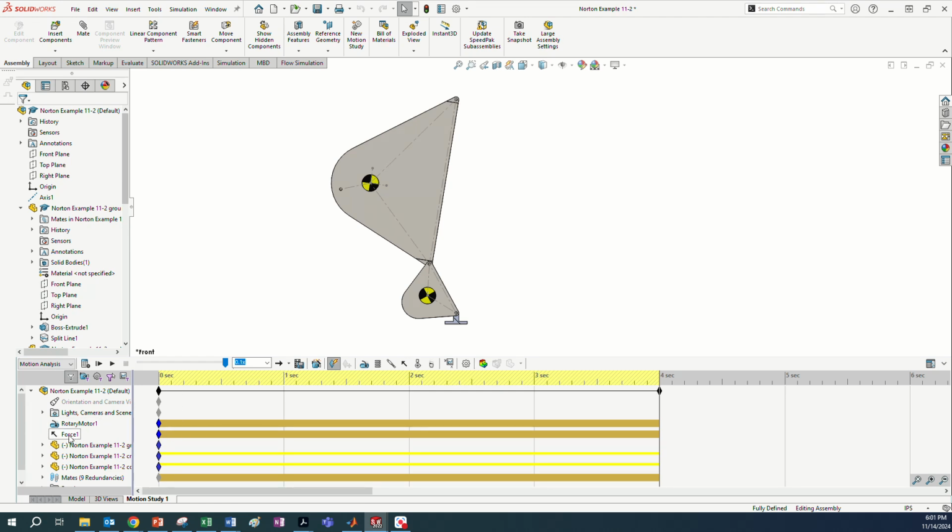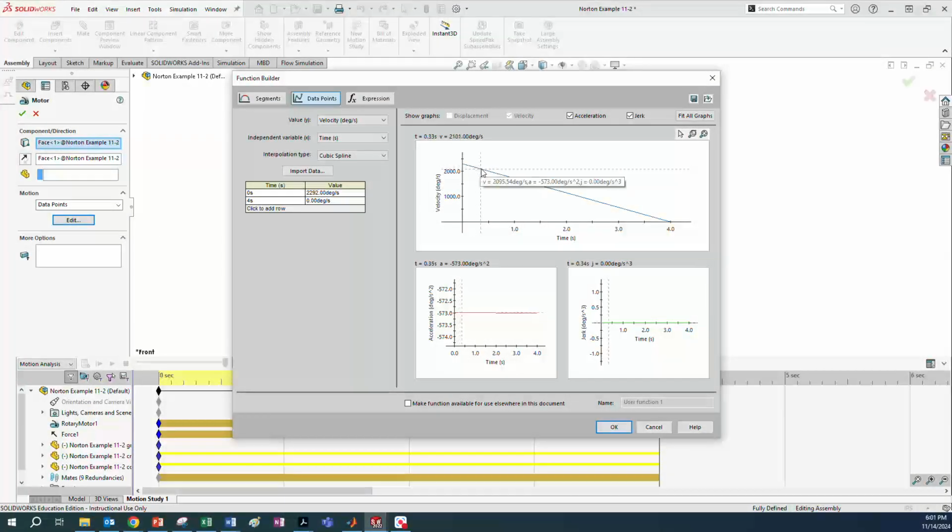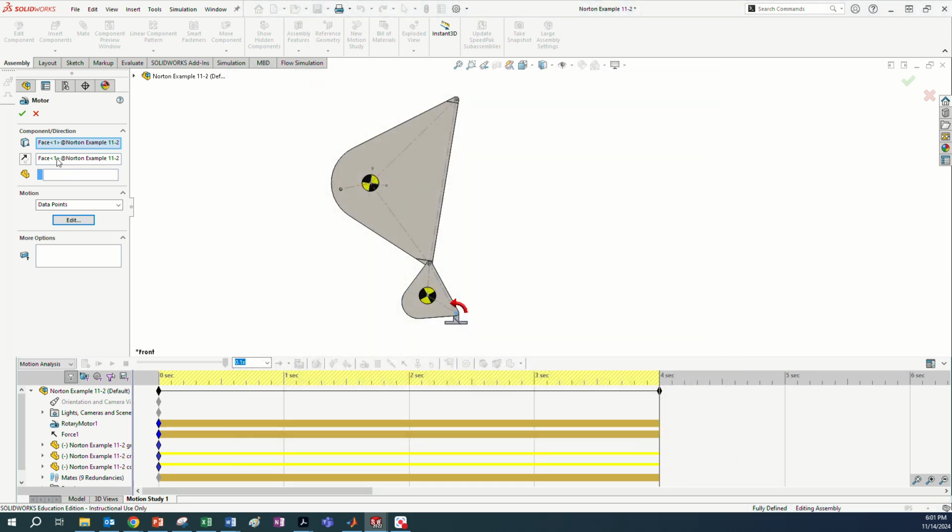So anyway, I think I'd previously discussed how I was able to get this thing to match the kinematics. I messed around with the motor into here, and I used data points. And I was able to find the angular velocity, or make an angular velocity versus time type of thing, placing it onto the motor.